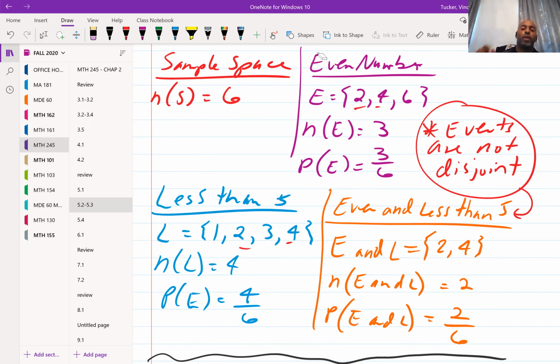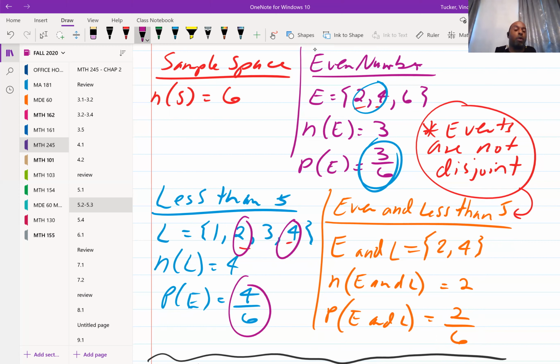All right. So now, remember, in calculating the probability of even or less, we have to subtract what they have in common. Well, you may want to say, why do you have to do that? Well, that's because in this probability right here, I'm counting 2 and 4. In this probability of 4/6, I'm also counting 2 and 4.